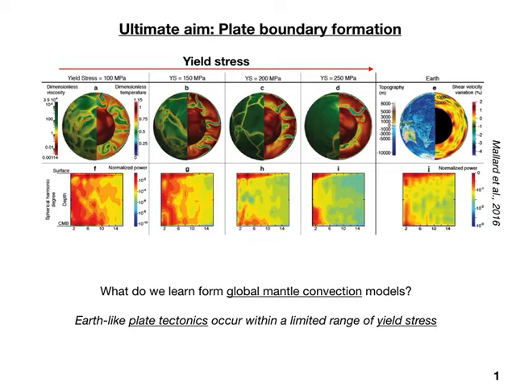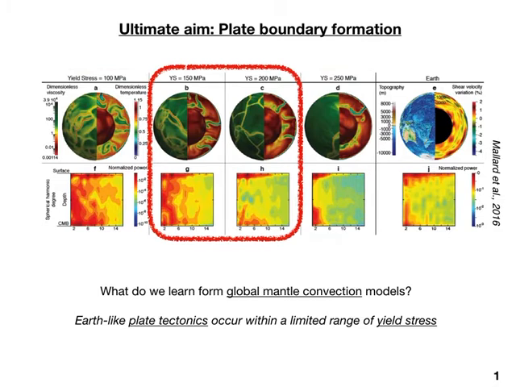For high stresses of 200 megapascal here, you have the generation of only a few tectonic plates and very well defined continuous slabs. What was shown by this study is that in order to get Earth-like tectonic patterns, the yield stress should be within 150 megapascal to 200 megapascal.